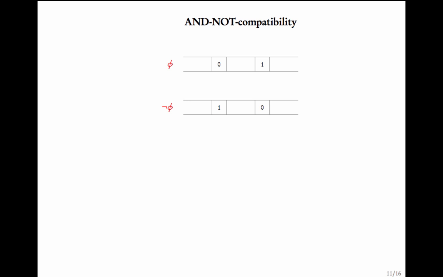Now, AND-NOT compatibility. Suppose phi is a subformula and not phi is another subformula, then in the expansion, if the entry corresponding to phi is 0, then in the same column, the not phi should be 1. Similarly, if phi is 1, then not phi will be 0.